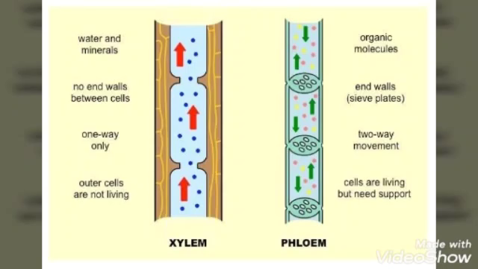Thus, it helps in the absorption and upward movement of water and minerals dissolved in it from roots to the leaves. It also regulates temperature. The transport of soluble products of photosynthesis is called translocation, and it occurs in phloem.